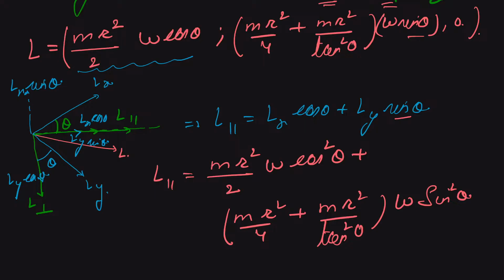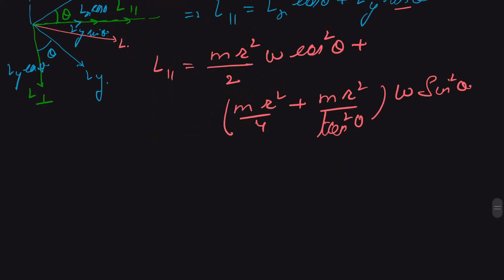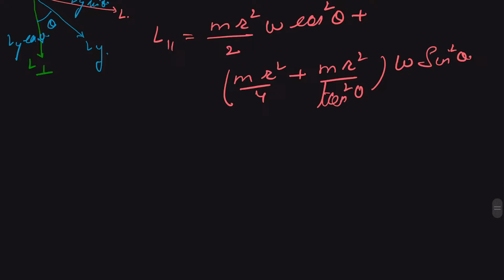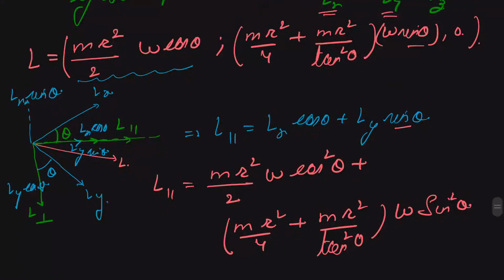And now we can easily calculate the torque. So from here we can say that our torque, which is nothing but the rate of change of our angular momentum, we can write as our L parallel multiplied by the angular velocity with respect to the axis. Okay.